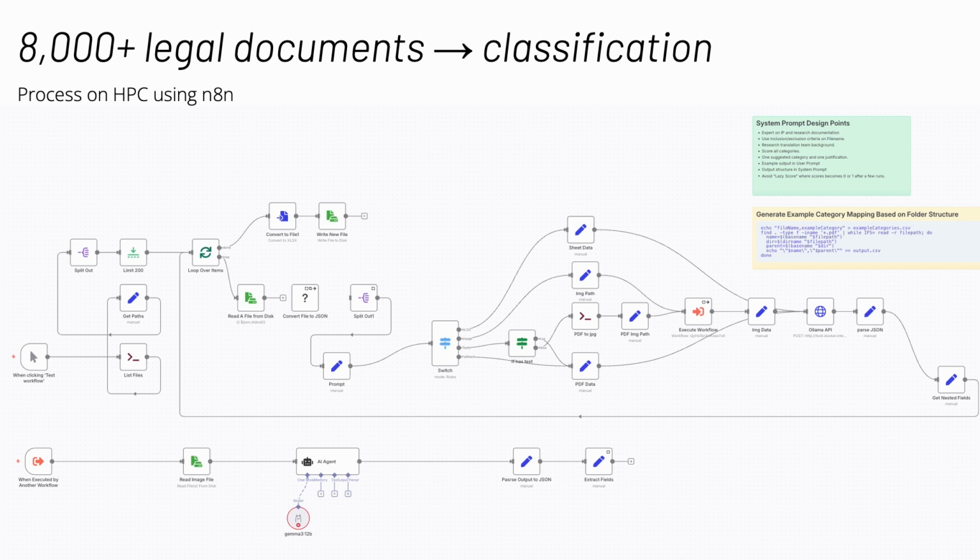What we have here on the screen is a classification pipeline that runs on top of N8N, which runs on top of high performance computing. We have implemented this to classify a lot of legal and patent documents internally at Swinburne. So this has access to the confidential information and then extracts the information that is reusable for that research capability mapping.